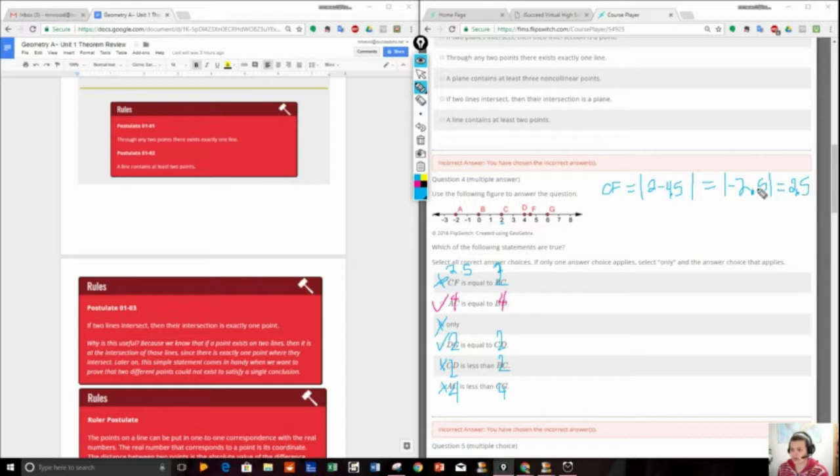So that's one way you could use it algebraically if you would like, and you could go through each one that way as well and find the same distances.